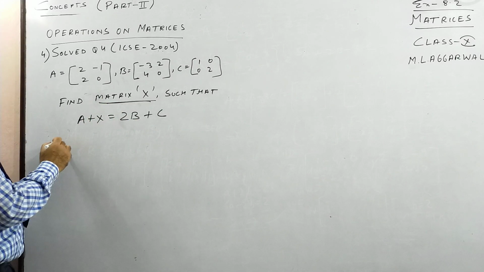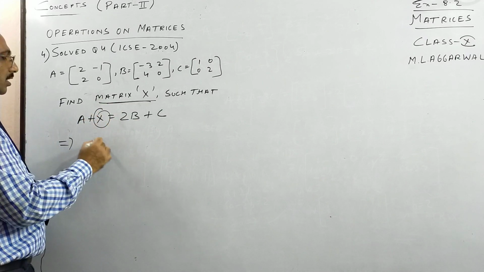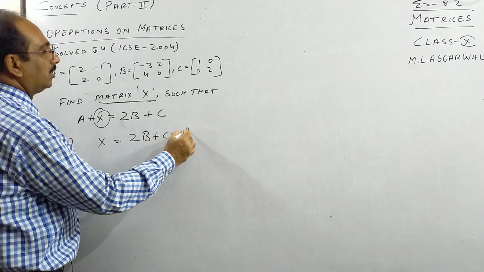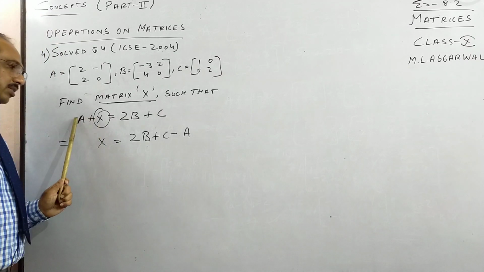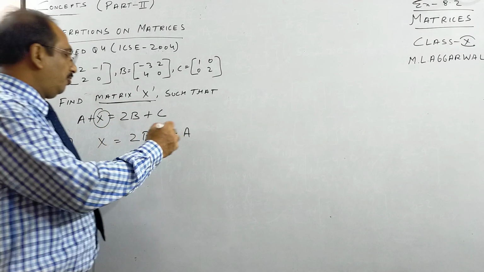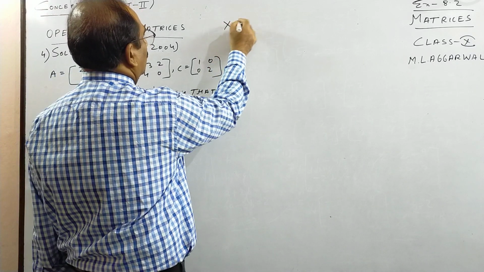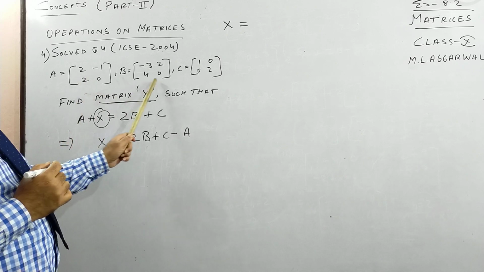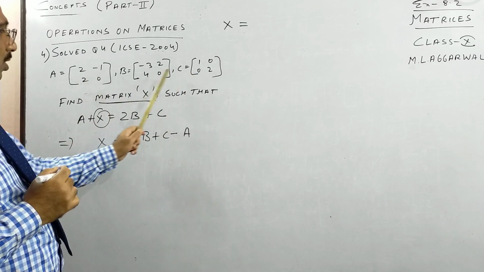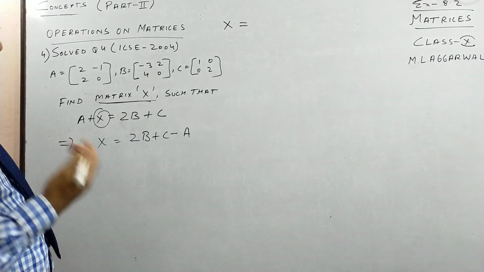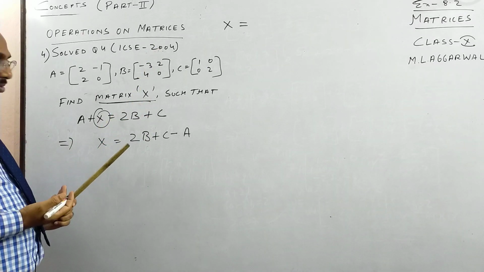So what we do, simply children, leave X here. X is 2B plus C minus A. Just transpose this to the other side, plus A becomes minus. Remember, X is a matrix, and since these are all square matrices of order 2, X will also be a matrix. This is one of the easy ways. You could have done it in another way also.